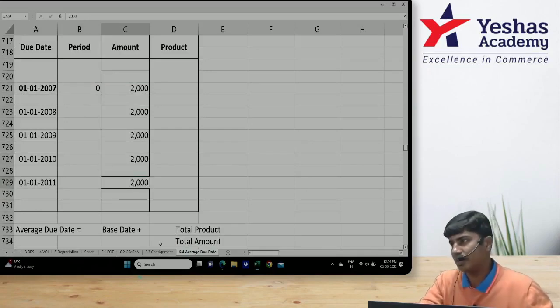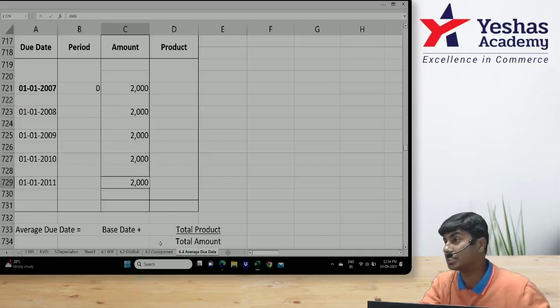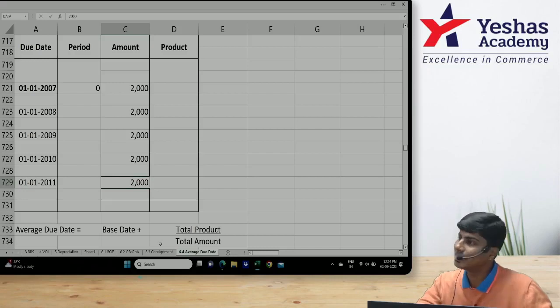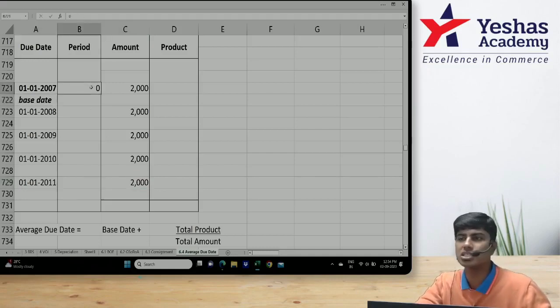Let's identify the average due date for this. Shall we? Without interest, we are doing only principal repayment. Interest has to be paid till the date of repayment, but that will be computed separately. That is not our area of concern at all. Okay, base date is 1st of January 2007. Here period is 0.